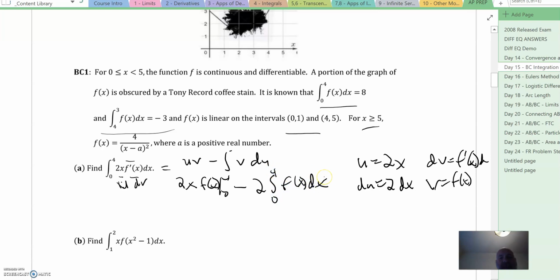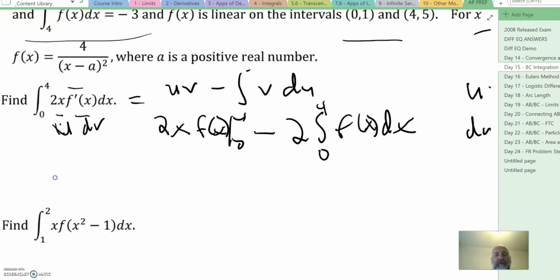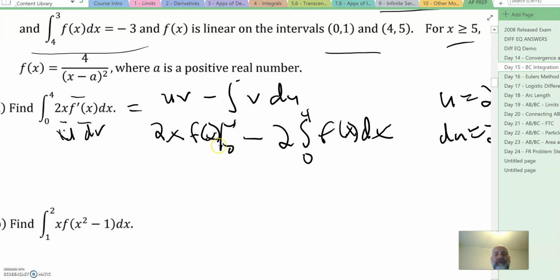And so notice what happens by writing the problem in this way and not just giving you a normal integration by parts problem. They're making it so that there's no function here that you can plug into the calculator, because you don't have a function for f of x. And so this forces you just to be able to do it yourself. So this is going to be 8 f of 4, and then minus, I'd plug 0 in, but that would give me 0.